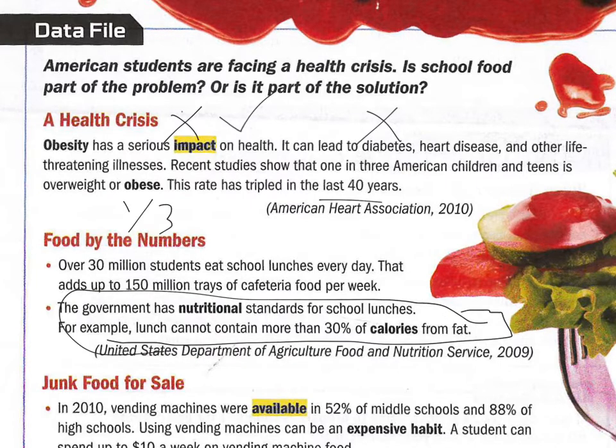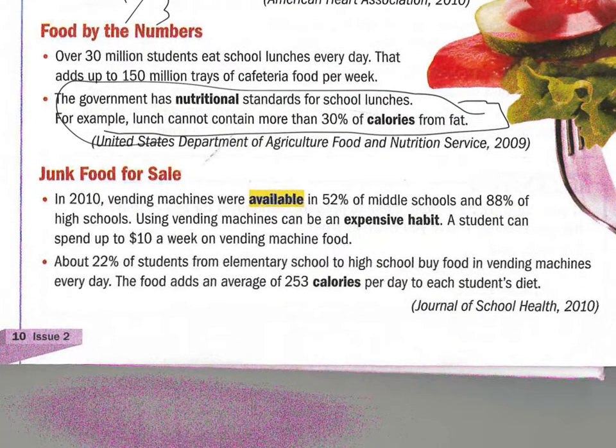Okay. So let's look at the last section. Junk food for sale. In 2010, vending machines were available in 52% of middle schools and 88% of high schools. Using vending machines can be an expensive habit.